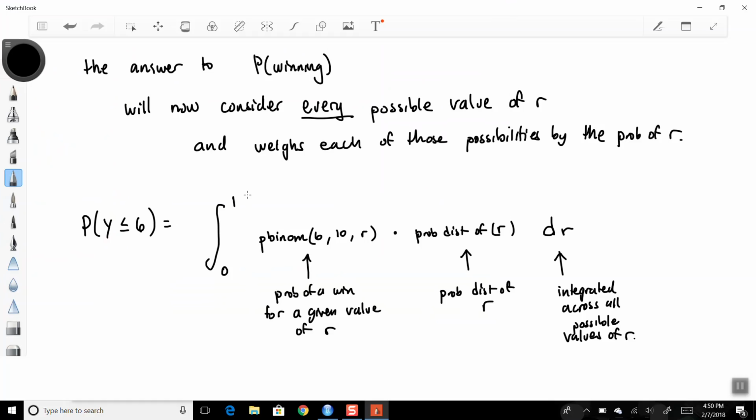And this is going to be the probability of winning now.